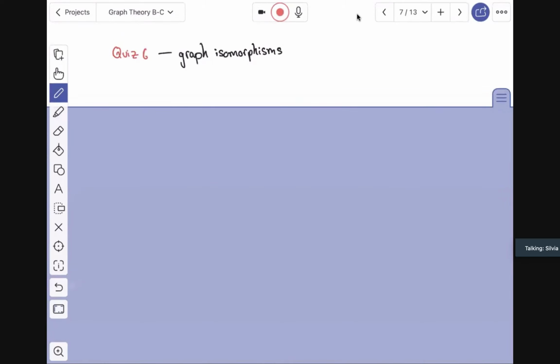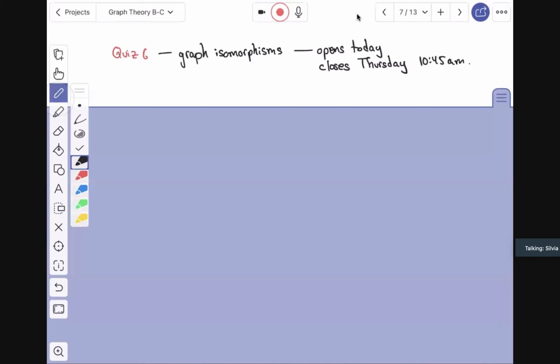It opens today and needs to be completed by Thursday before class. So it closes at 10:45 a.m.